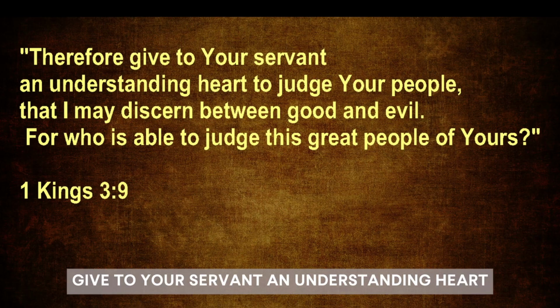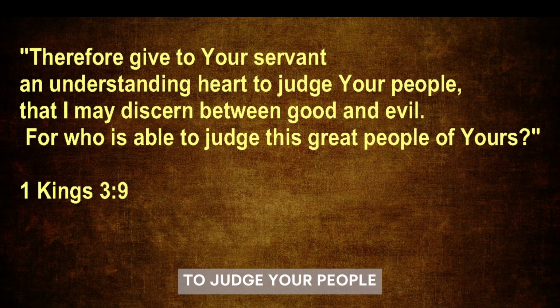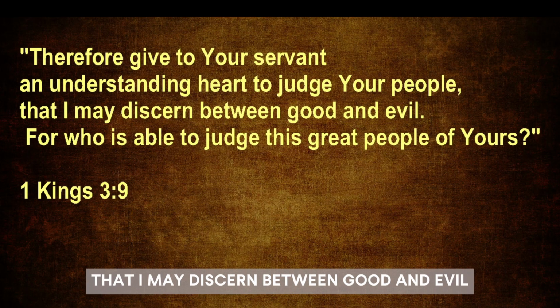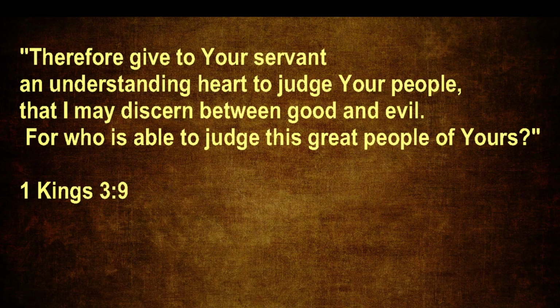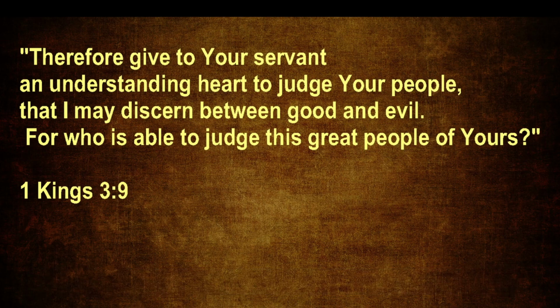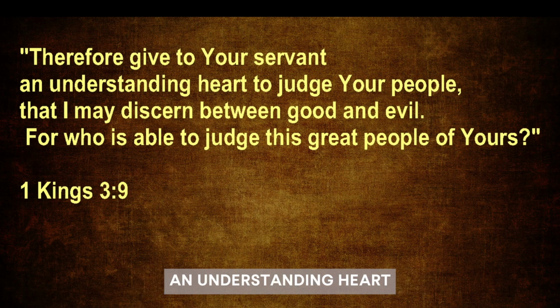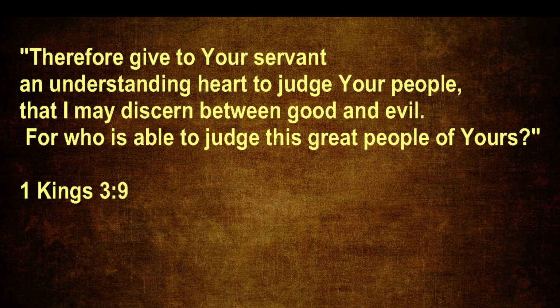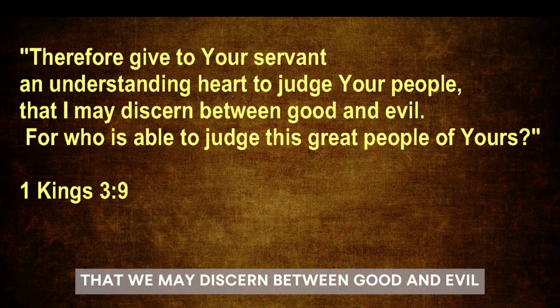Therefore, give to your servant an understanding heart to judge your people, that I may discern between good and evil. For who is able to judge this great people of yours? Therefore, give to your servant an understanding heart, that we may discern between good and evil.